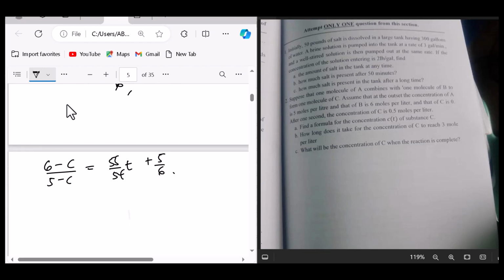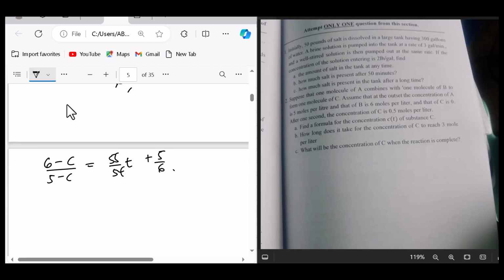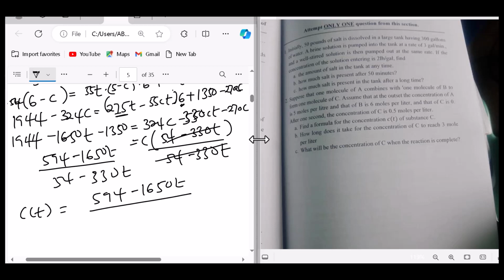I just make something the subject here. That will just have 6 minus C equal to, multiplying by 6, 54, so you just make C the subject here and take the limit as it goes to infinity.